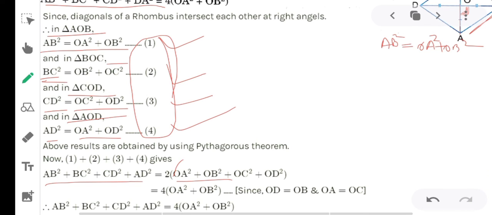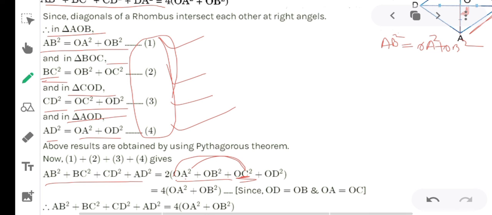Now OA equals OC, so OA square equals OC square, right?